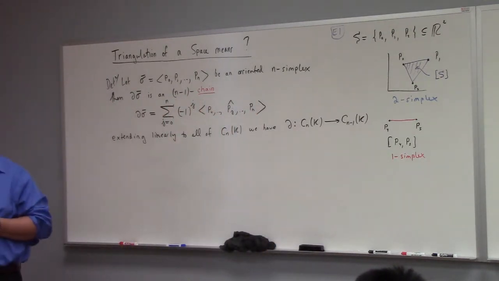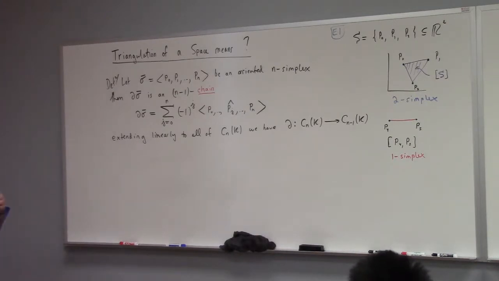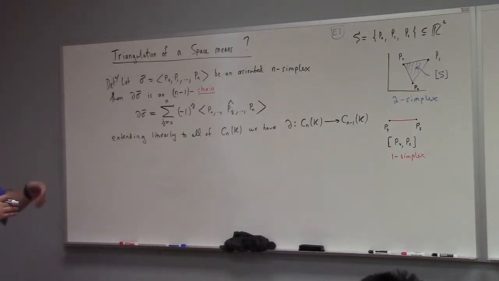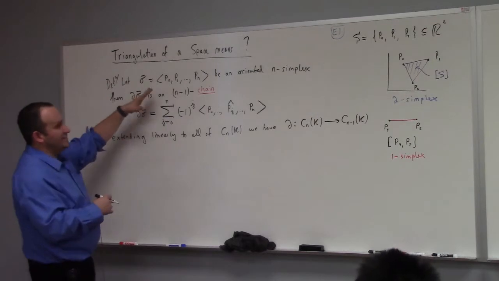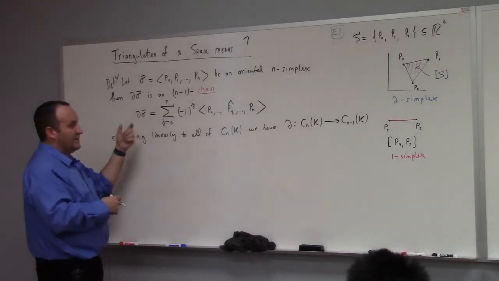Because if you look at what it's doing, it's giving an alternating sum of n minus 1 faces of each thing in the chain. I've given the formula for just a single simplex, but more generally you'd have a sum of n simplices, and you'd take the boundary of each term in the sum.